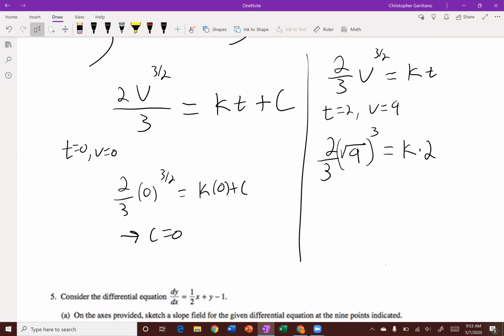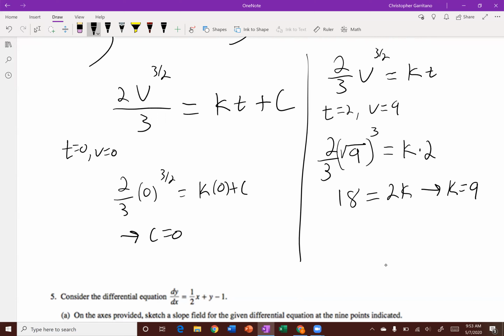So on the left side, radical 9 is 3. 3 cubed is 27. I then have a 3 in the denominator, so 27 divided by 3 brings me right back to 9. So I have 18 on the left side, 2k on the right side. This implies that k is equal to 9.